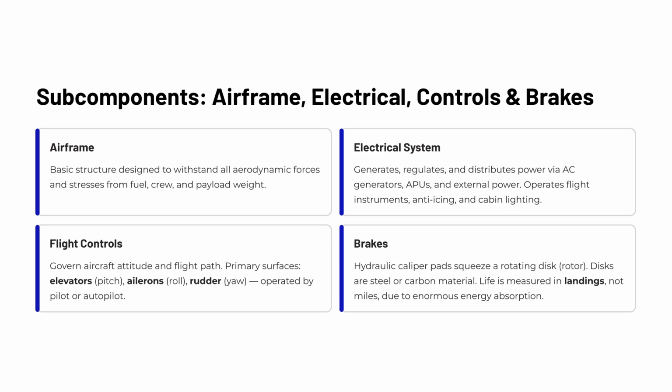Aircraft brakes use hydraulic caliper pads that squeeze against a rotating disc, or rotor. These discs are made from either steel or carbon material. One important point to understand is that brake life is measured in landings, not miles. This is because each landing requires the brakes to absorb an enormous amount of kinetic energy in a very short distance, which places exceptional thermal and mechanical stress on the components.